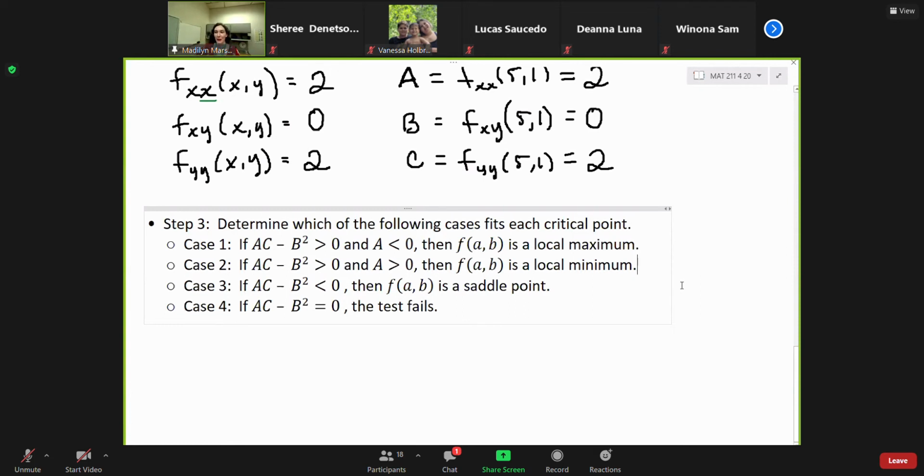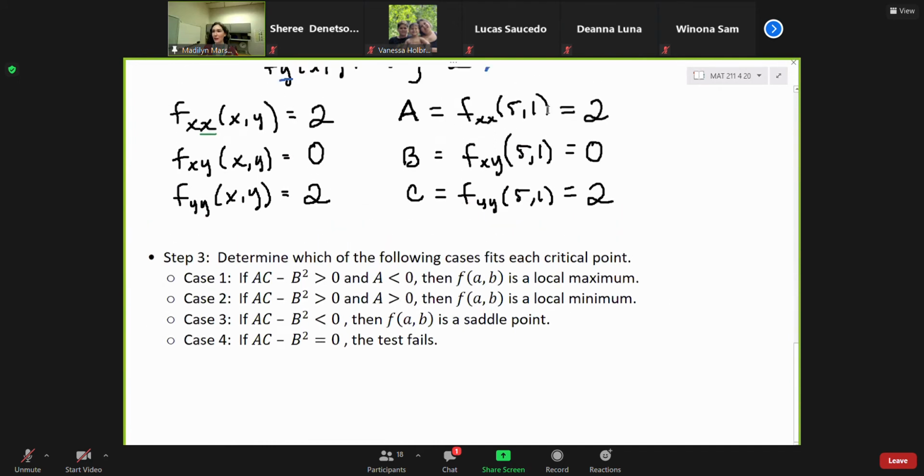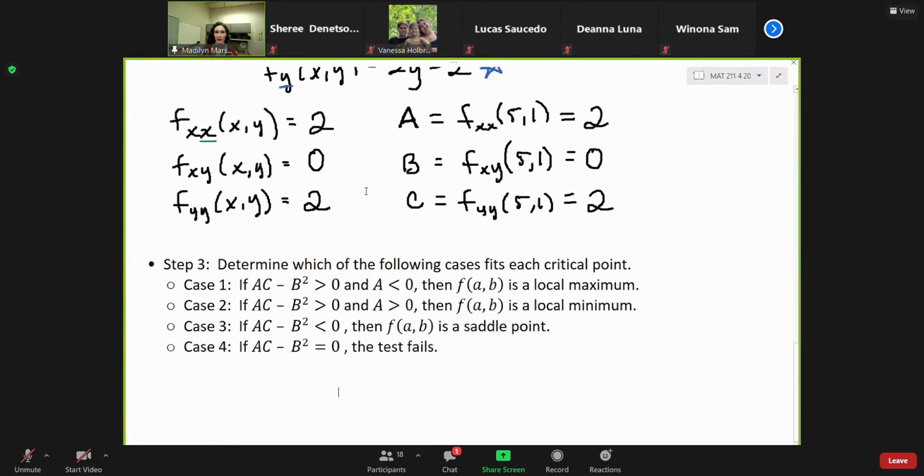So we have 4 cases here. All of them depend on what's going on with A, B, and C. And those are the A, B, and C that we found from the second order partial derivatives above. This whole multivariable calculus section is really like a Calc 3 or even a little bit above topic.